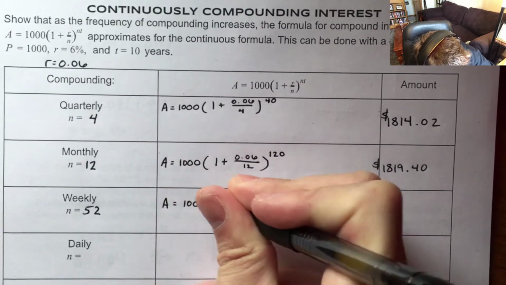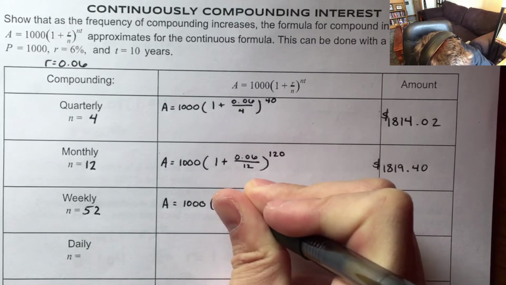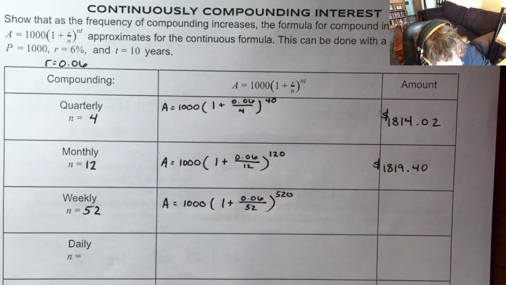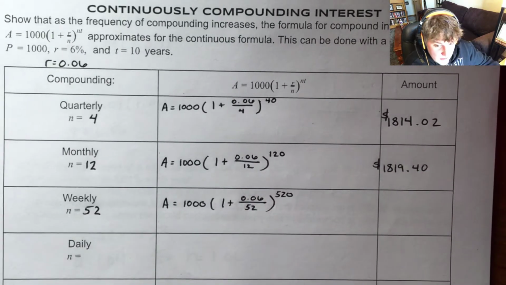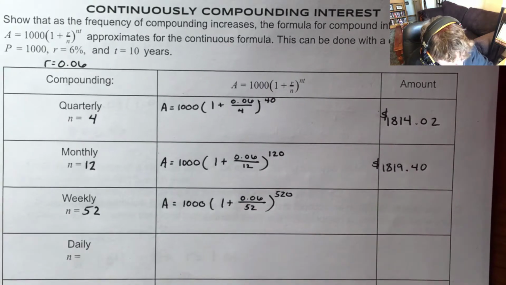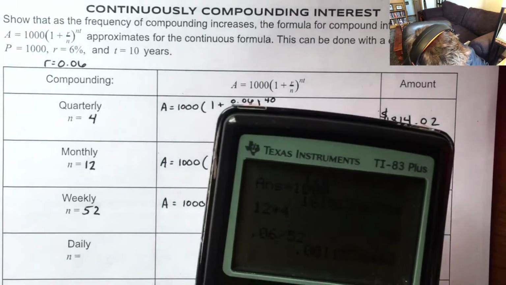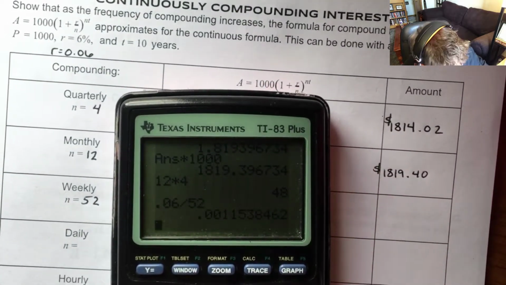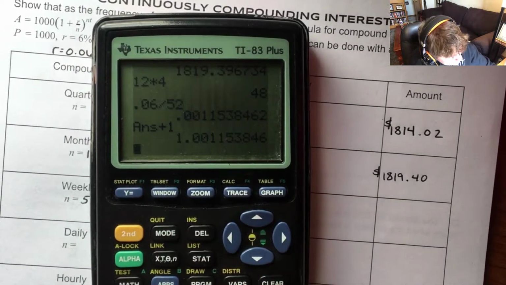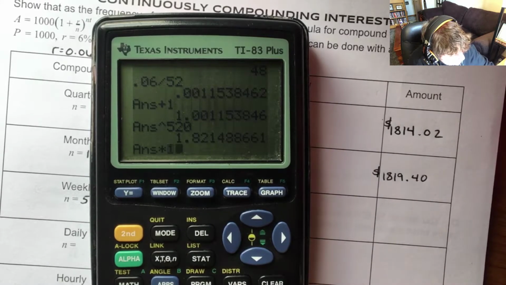As you can see, as we're working down through this, we are finding out what's happening as I decide to compound it more frequently in a year. So 0.06 divided by 52 plus 1 to the 520th power, and times 1,000.